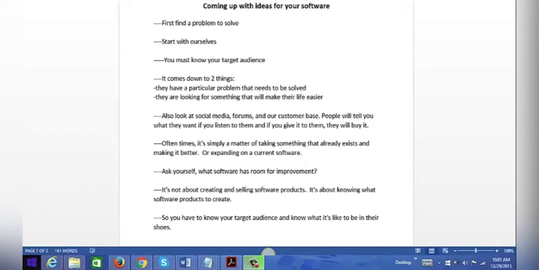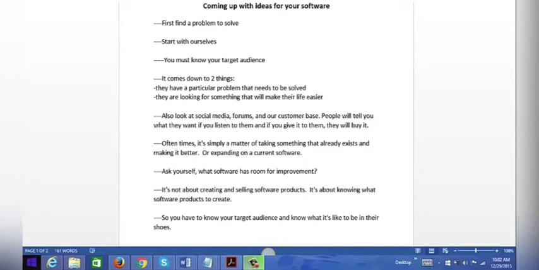You can also look at social media, forums, and your customer base to get an idea of what types of problems your customers or potential customers have and what they're willing to pay for. Most of the time, people will tell you what they want, and if you give it to them, they will buy it. Often it's simply a matter of taking something that already exists and making it better or expanding on the current software.